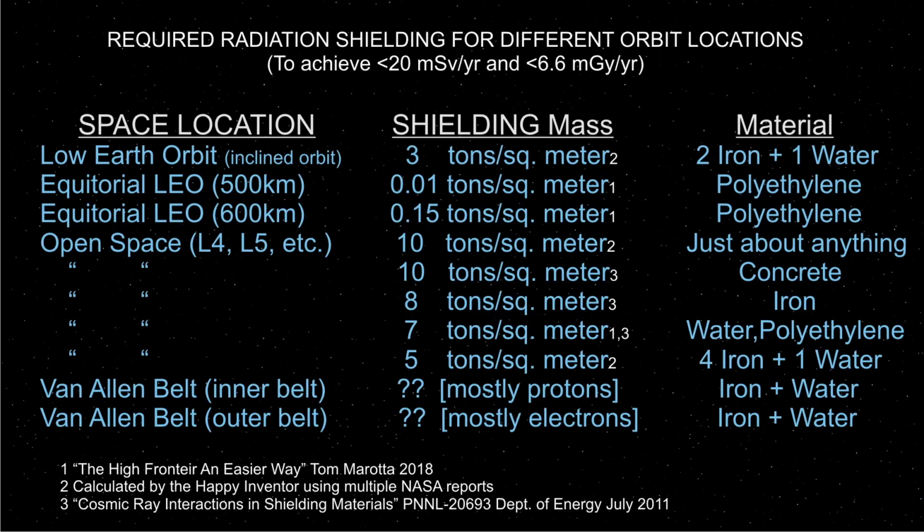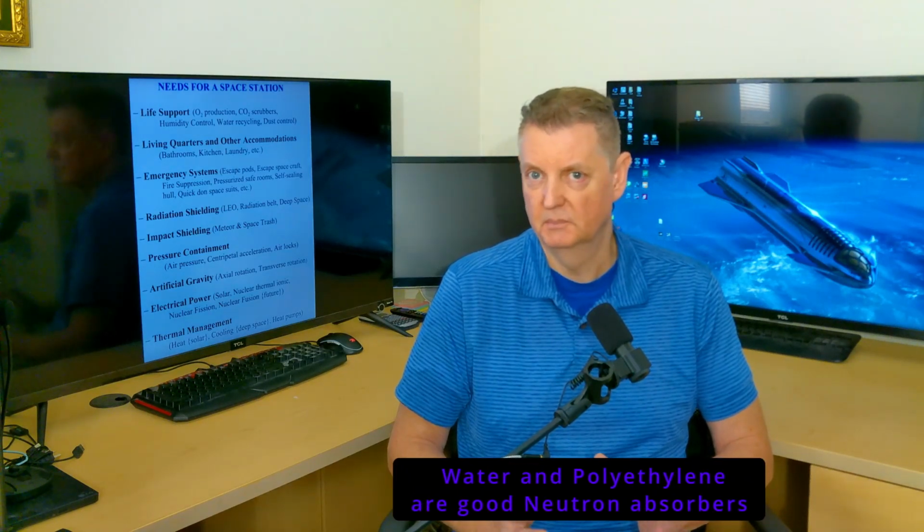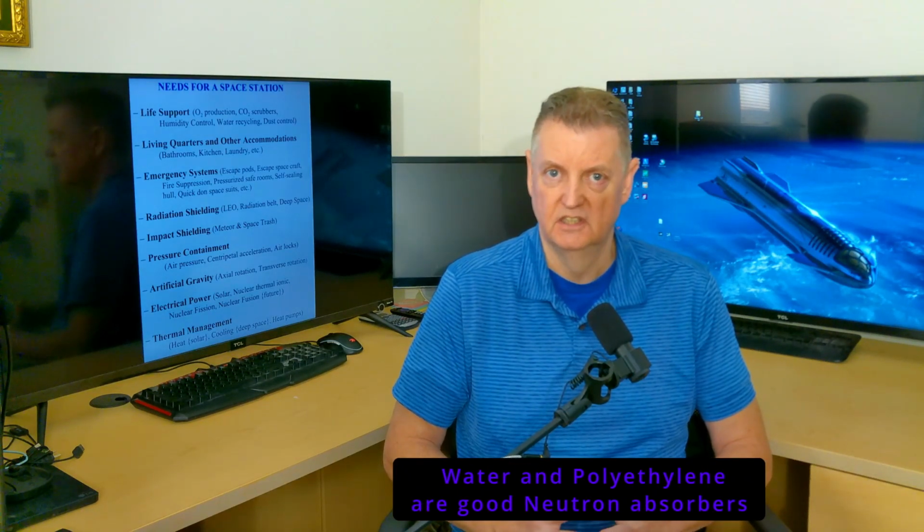For example, above us in the atmosphere, we have approximately 10 tons of air protecting us, and it blocks most of the radiation. If we have 10 tons of steel between us and the outside per square meter, we also have very good protection. However, we may want a little bit of neutron absorbing material on the inside of that still to reduce the number of neutrons reaching the interior.